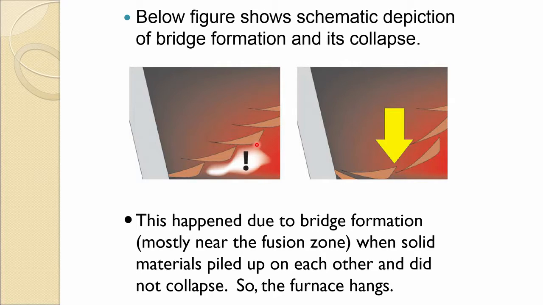Also, sometimes bridge formation occurs, and that occurs more near the fusion point, where the particles are getting fused. So, arc formation occurs, and below it is mostly void, and it keeps on building, and the void also keeps on increasing.